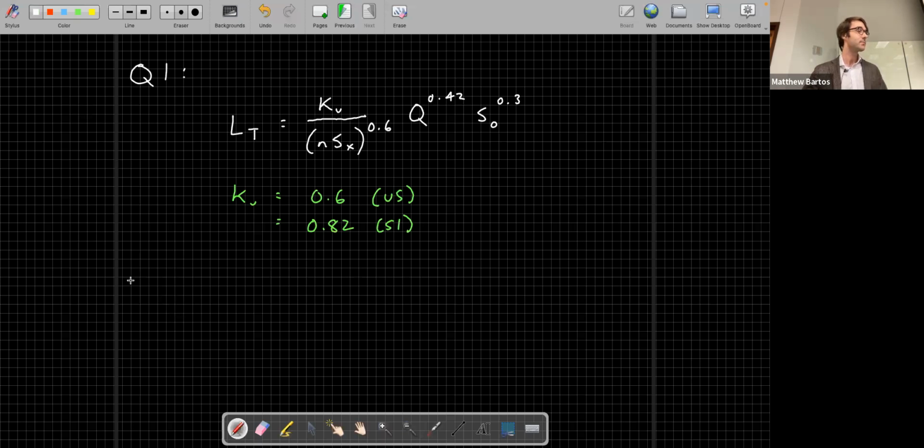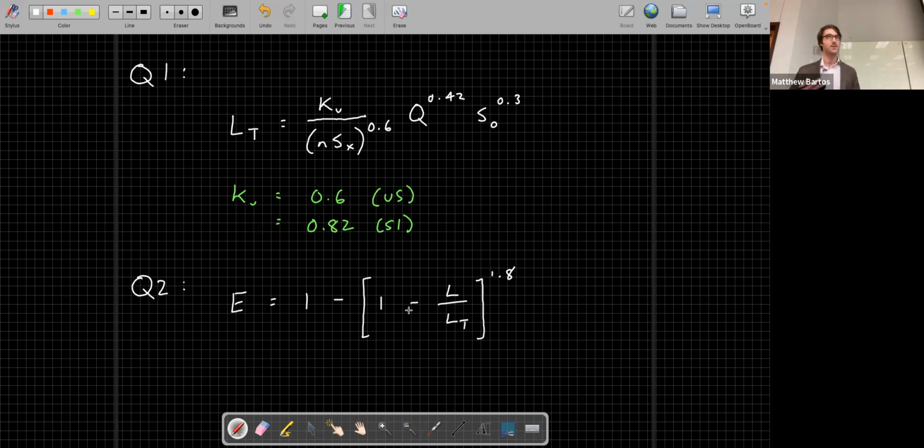For question 2, given an inlet of length L, what fraction of Q does it capture? We can specify that in terms of our efficiency E. The efficiency for an inlet of length L is equal to 1 minus quantity 1 minus L over LT, all to the 1.8th power.